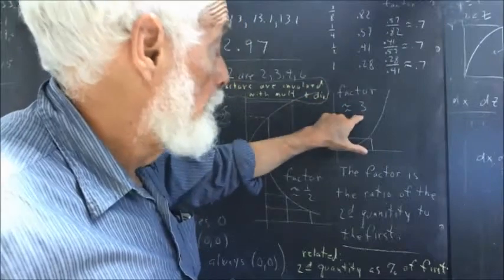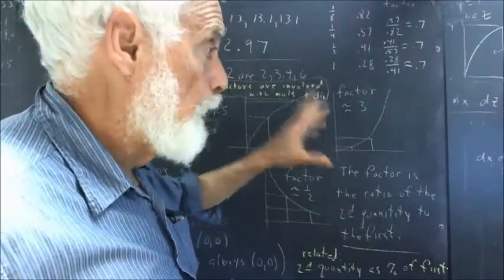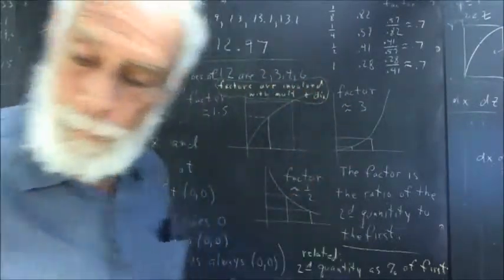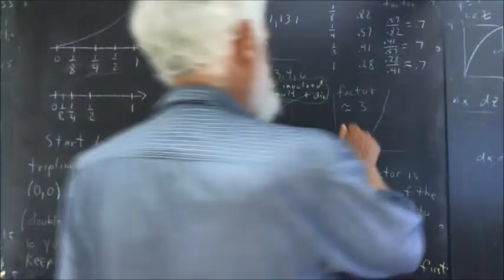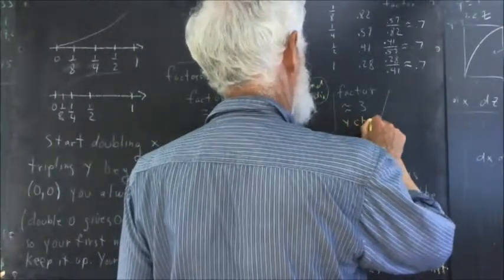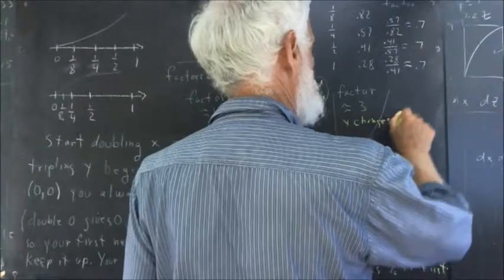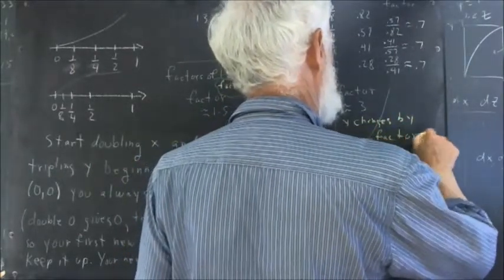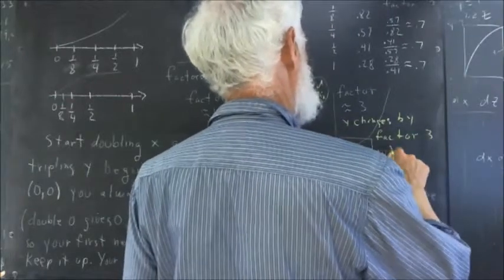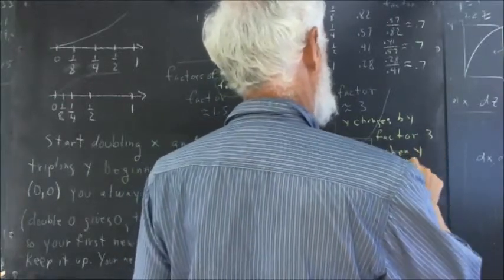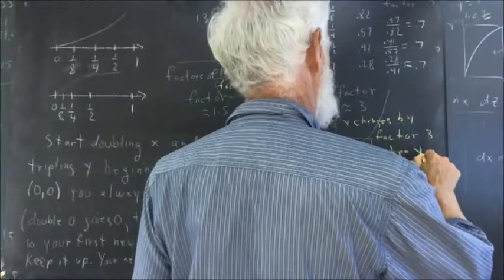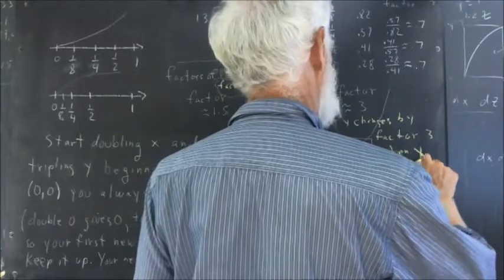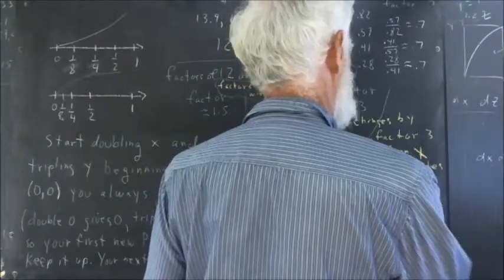So the factor is 3. That is, y changes by a factor of 3. So I can write y changes by factor 3 when x, not y, doubles.